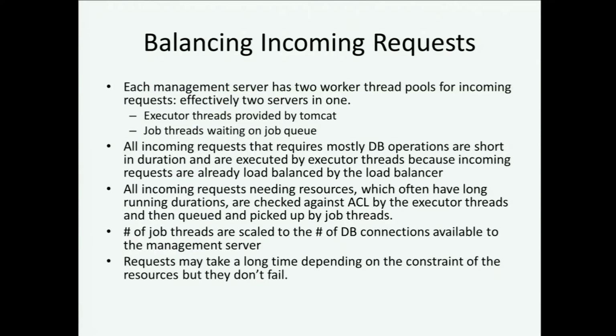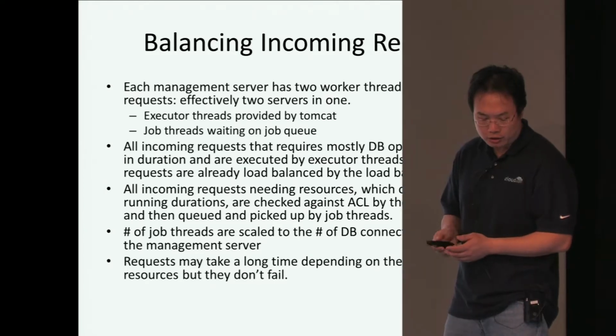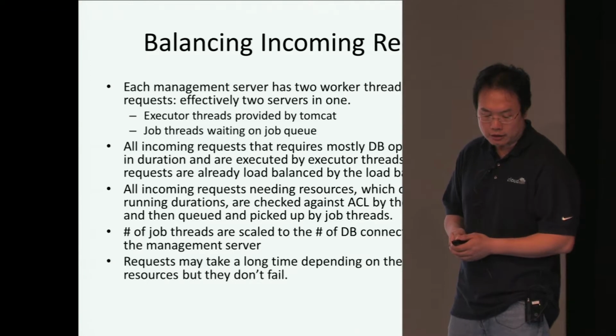We do that because most of the requests are already load balanced by the load balancer, right? But if the incoming request needs resources, meaning any of the physical resources, and this usually means long running durations, and they would usually require a lot more resources, DB, things like that.